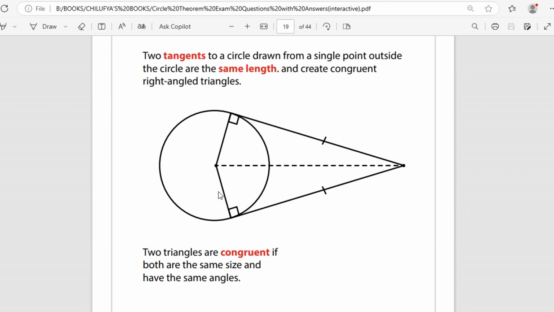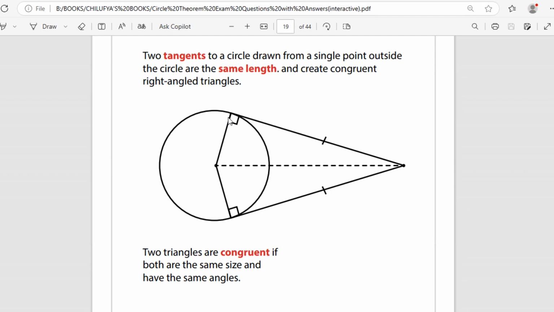Then again, the theorem says that the tangents to a circle drawn from a single point outside the circle are the same length, which means this is the same length as this. So in order for us to have two triangles that are congruent, both have to have the same size and the same angles. This means also the same length.